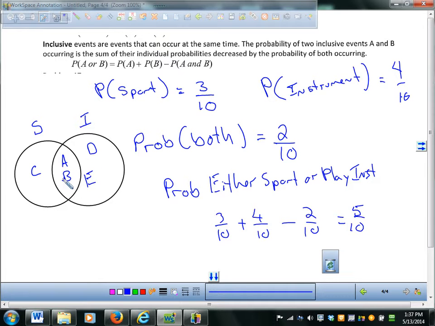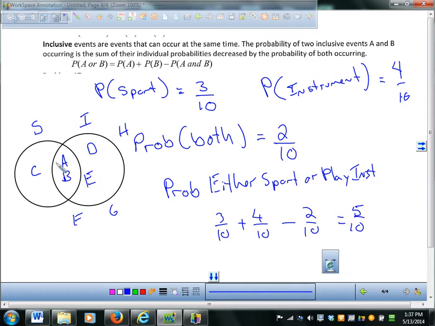So wait, how do I get 10? 3 out of 10 play a sport, 2 out of 10 play both. So there must be some people floating around out here. Here's F and G, and H and I. So there are some other people outside, because there are also some people playing no instrument.